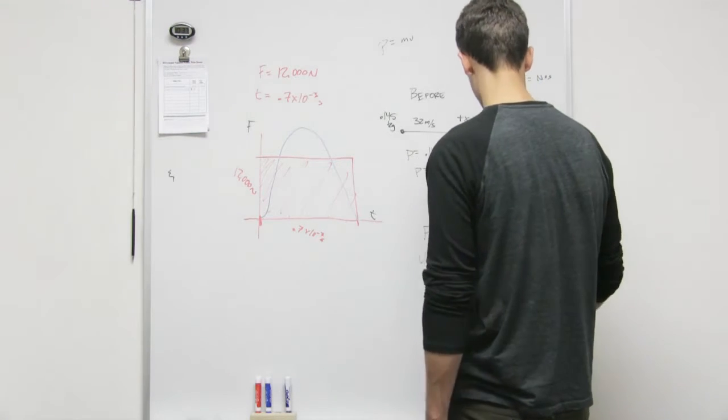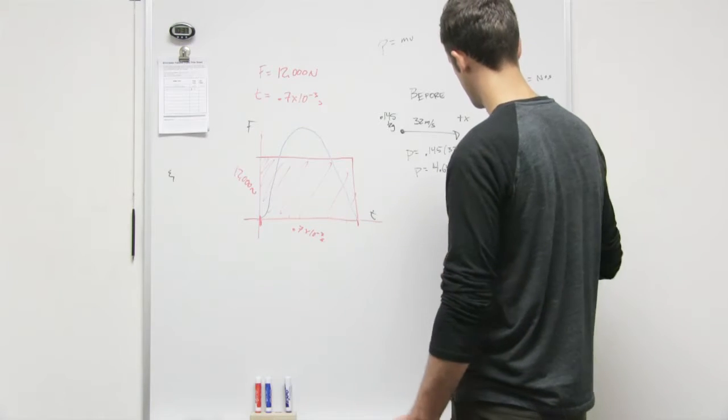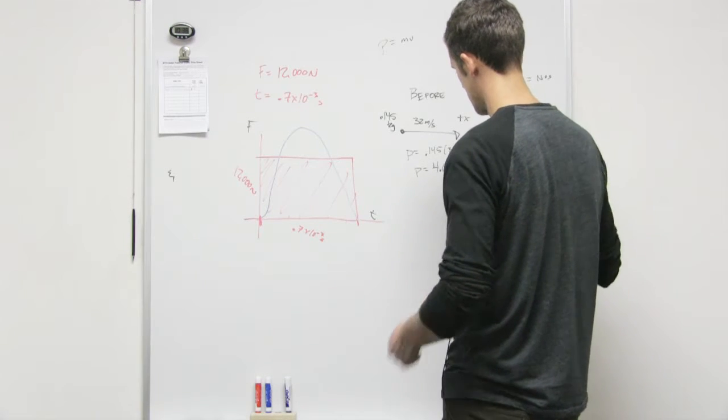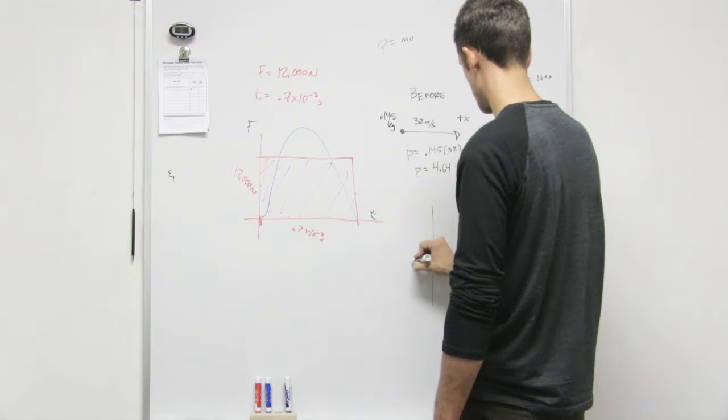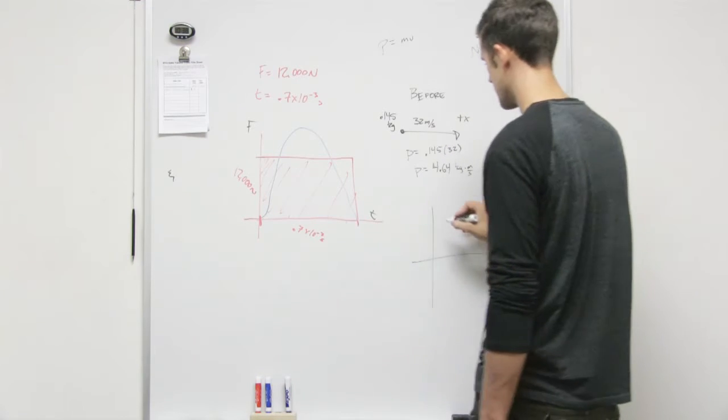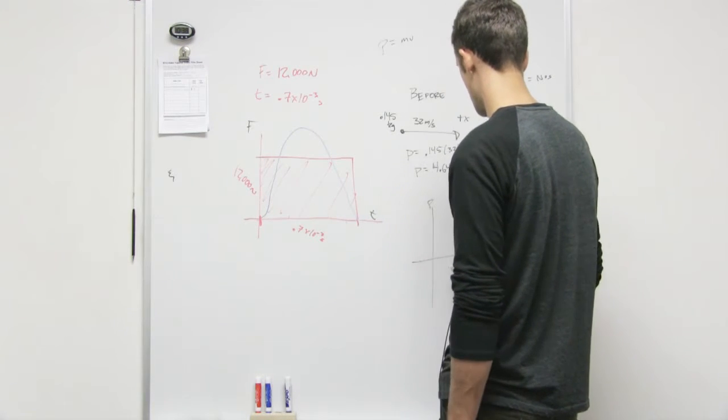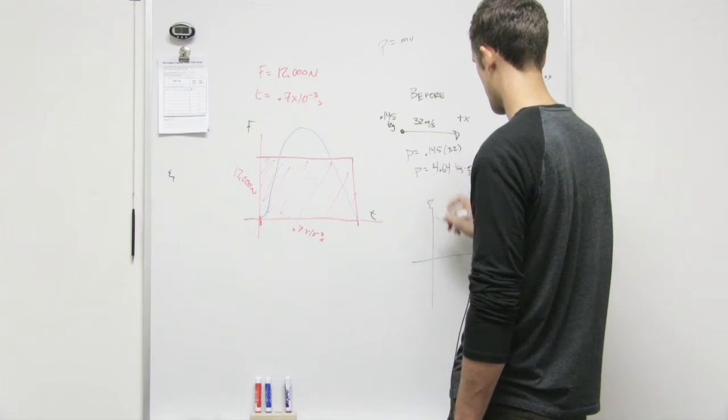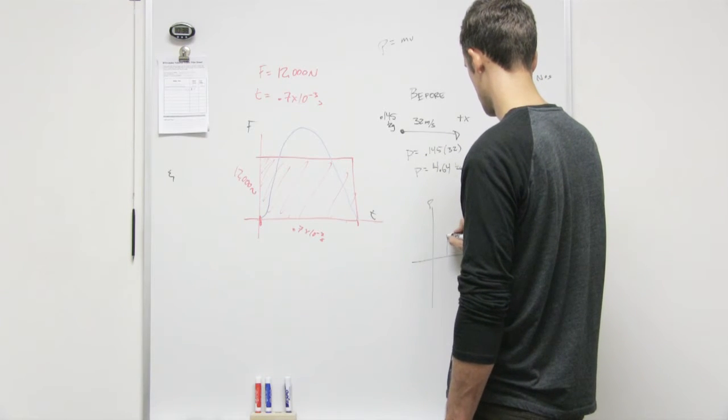There's another way to do this too. Sometimes the book shows it, they call it momentum bar charts. It's just where you plot your momentum. So this is P. Initially you've got 4.64.